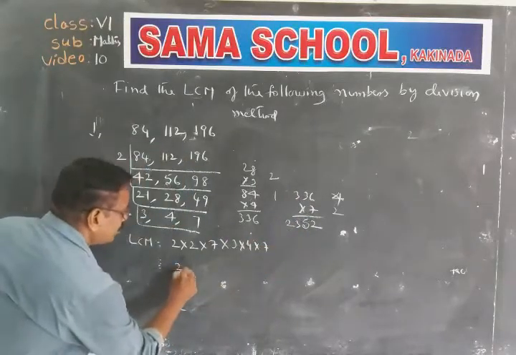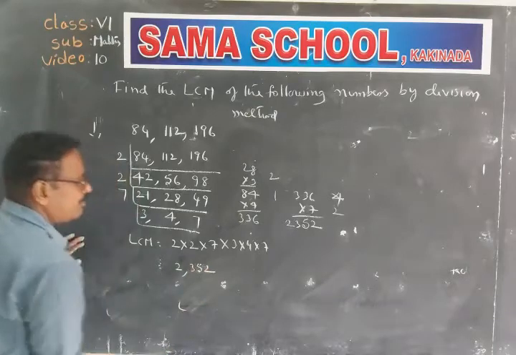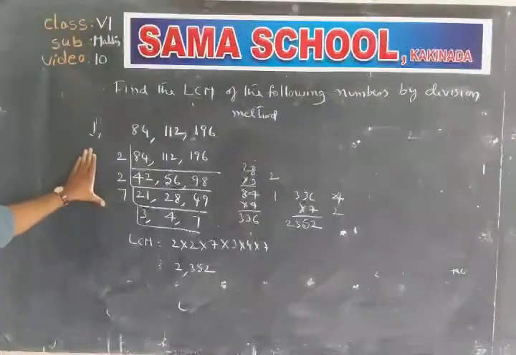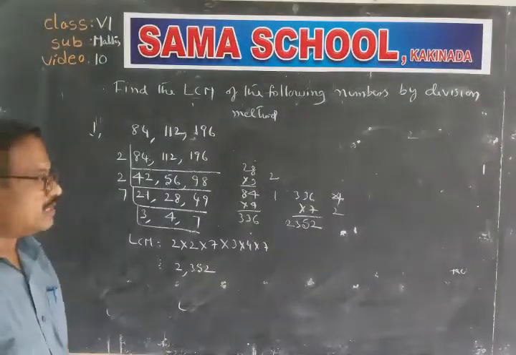That is, the LCM is equal to 2352. This is the division method of finding LCM.